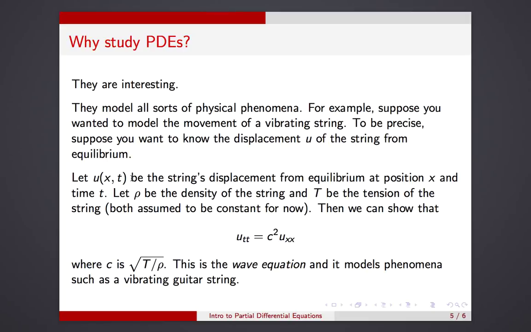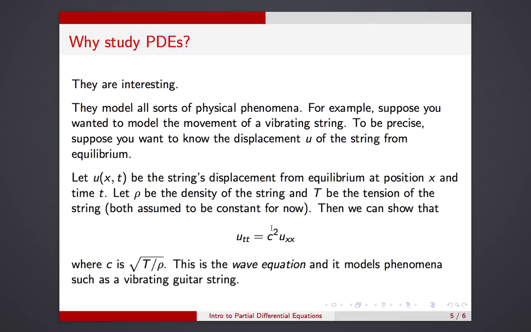If it were a function of one variable, then we would be back in ODE land, single variable land, but this is a function that depends on two things. Therefore, it is natural to assume that partial derivatives will show up if you start taking derivatives of this guy. Okay, so it turns out that if you let rho be the density of the string and T be the tension of the string, both assumed to be constant for now, you can show that this is true.